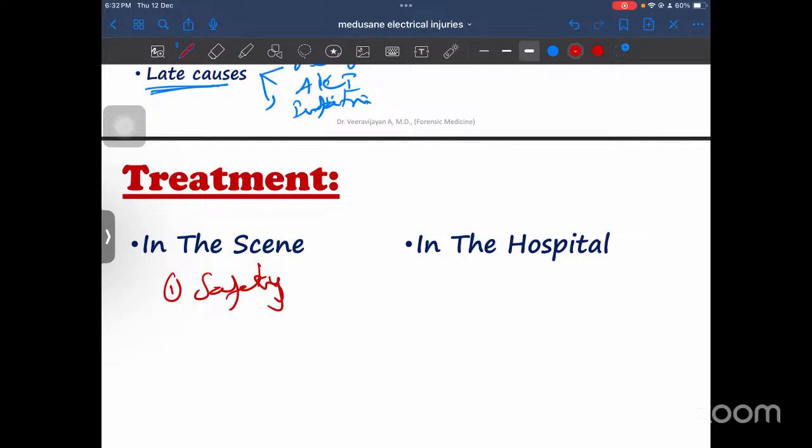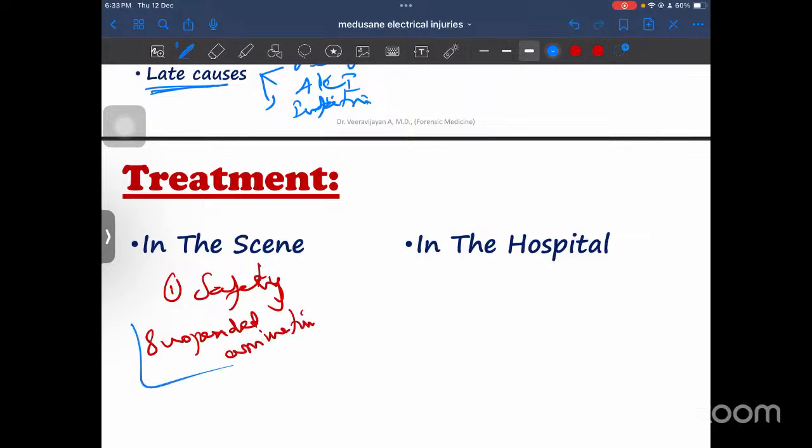We have to enter the scene with preventive equipment such as wooden materials or rubber boots. The point here I want to highlight is suspended animation. Most of the persons who are electrocuted may be in a suspended animation state.